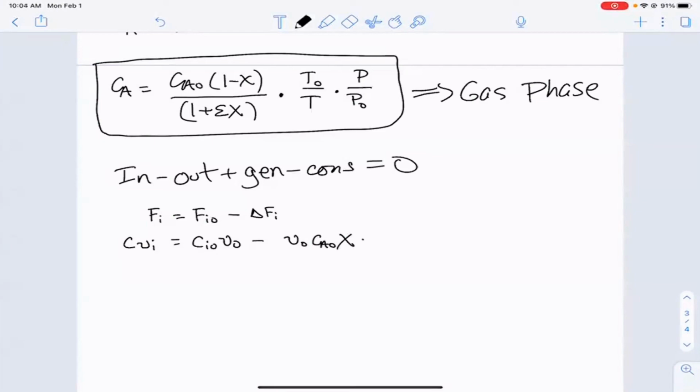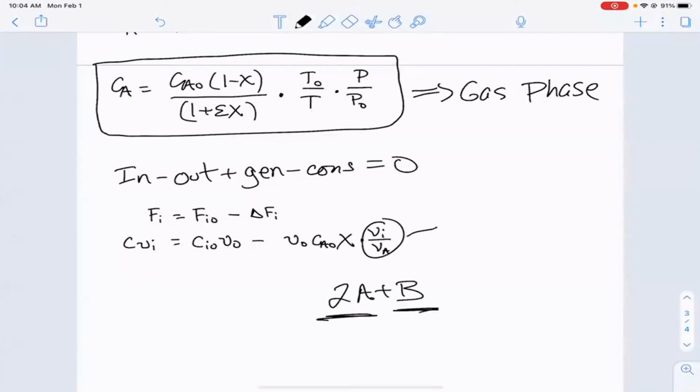Well, remember, that would just be the stoichiometry of species I over the stoichiometry for A. And maybe a way to say this is that, look, if we had A or 2A plus B, what would happen to B? Well, you would consume half as much B as you did A, and that would make this ratio 1/2.